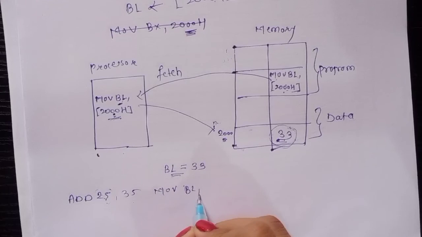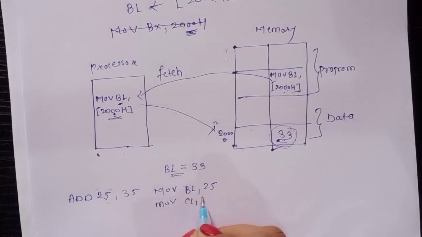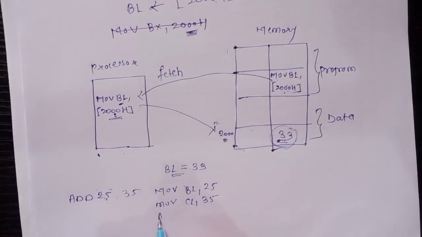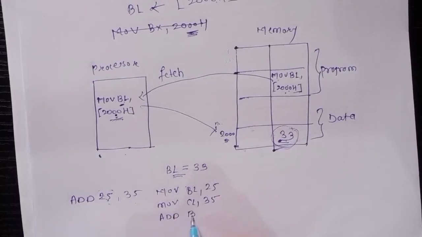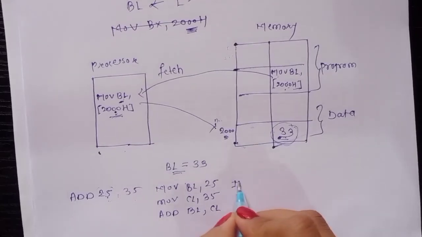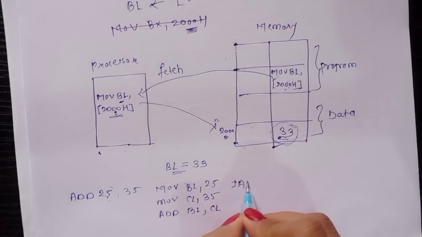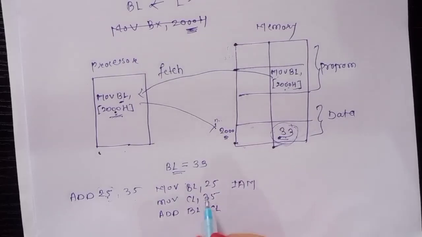So let's say MOV BL, 25, then MOV CL, 35, and after that we have to add BL with CL. Here we are using immediate addressing mode. Why? Because we knew the data.